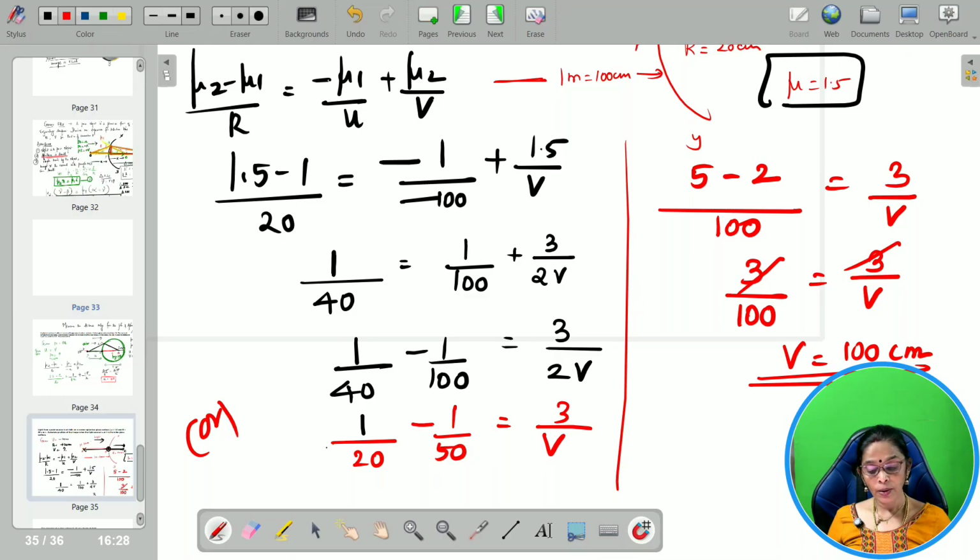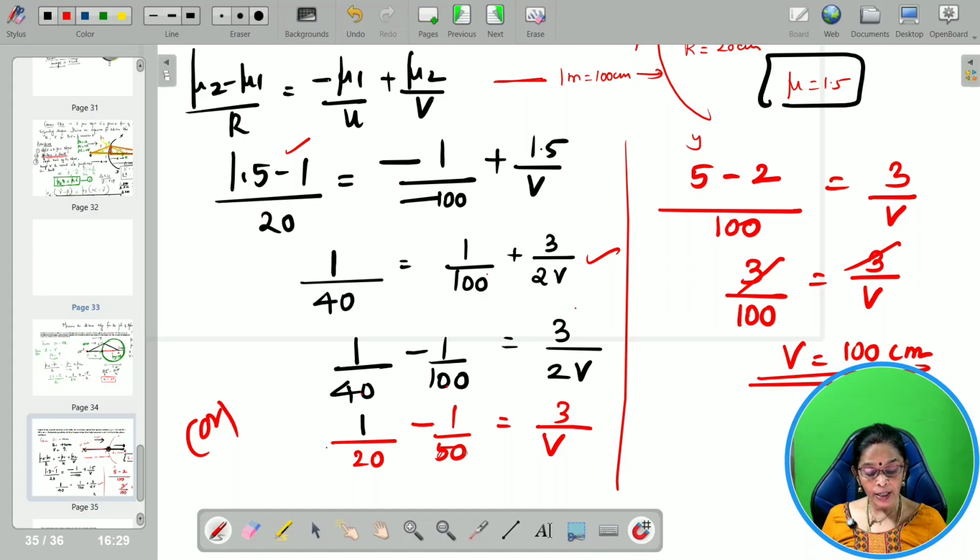Check whether it is right. So 1.5 minus 1 is 0.5, which is 1 by 2, so 1 by 40 is equal to 1 by 100 plus 3 by 2v. 1 by 40 minus 1 by 100 is equal to 3 by 2v. You take out 2, so 2 on the left hand side and right hand side get cancelled.